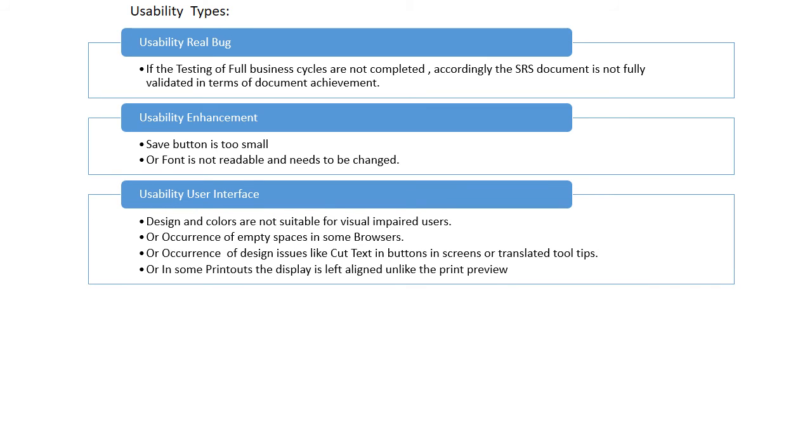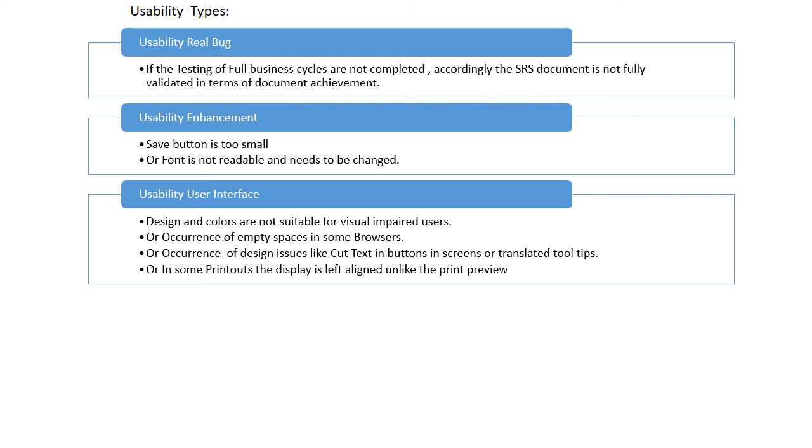The third type of usability bugs is usability user interface. For example, the design and colors are not suitable for visual impaired users, or we noticed the occurrence of empty spaces in some browsers, or we noticed the occurrence of design issues like cut text in buttons or in screens or translated tooltips.